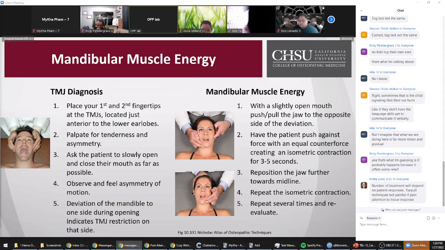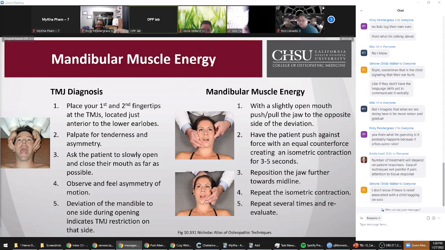What is the actual motion? And when they're opening, how many finger breadths can you fit? Do they have a hard time eating an apple? Something like that. You can create a muscle energy technique based upon the temporalis and the pterygoids.